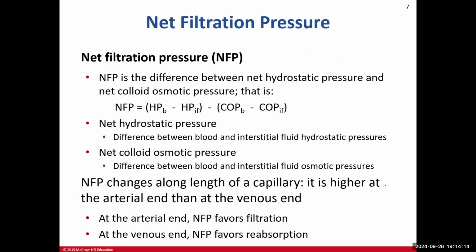Okay, we just learned about the different types of pressures, hydrostatic and colloid osmotic. Now I'll wrap it up by talking about net filtration pressure.